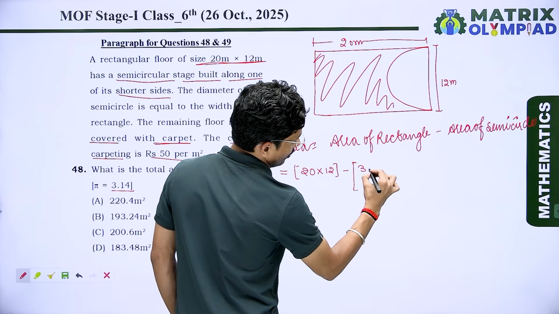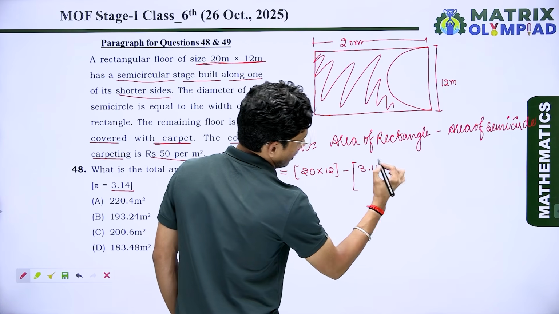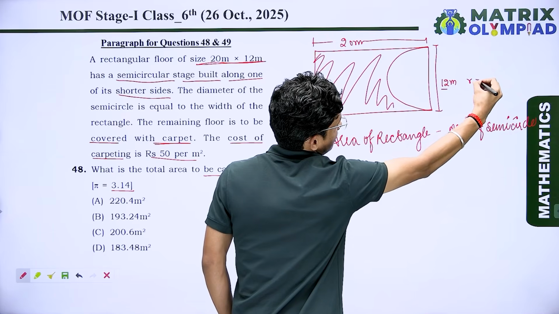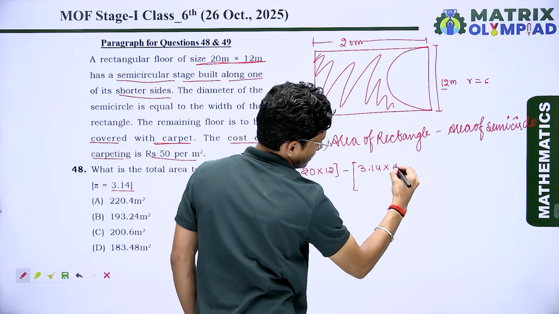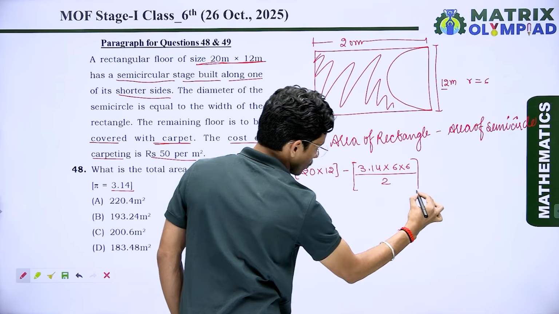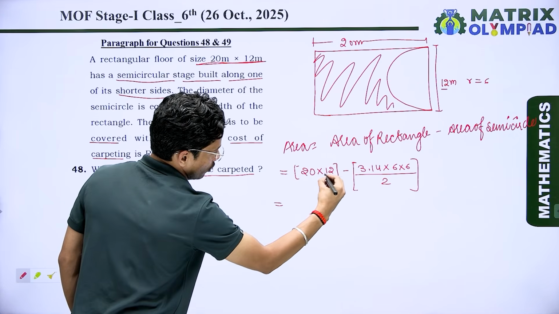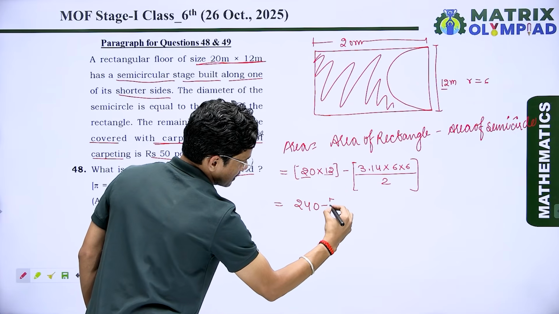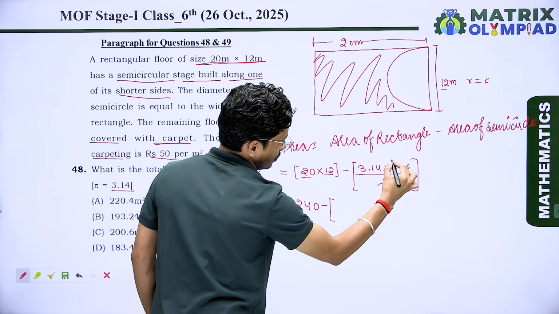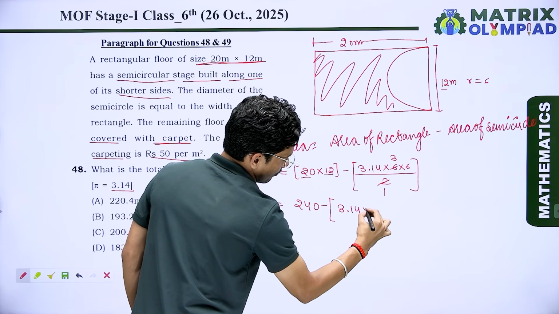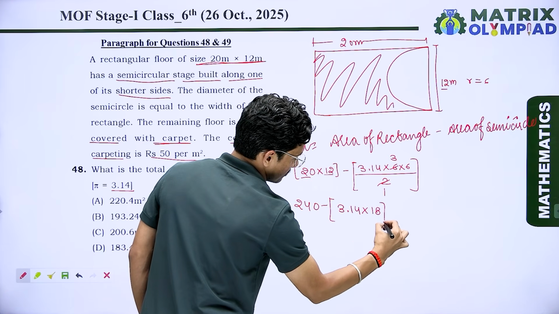So I can write here 3.14 multiply by that, this is the diameter, so radius we get, that is 6, multiply by 6, multiply by 6, and divided by 2. So here I can write 12 2s are 24, so 240 minus, 2 1s are 2, 2 3s are 6. So I can write here 3.14 multiply by 18.